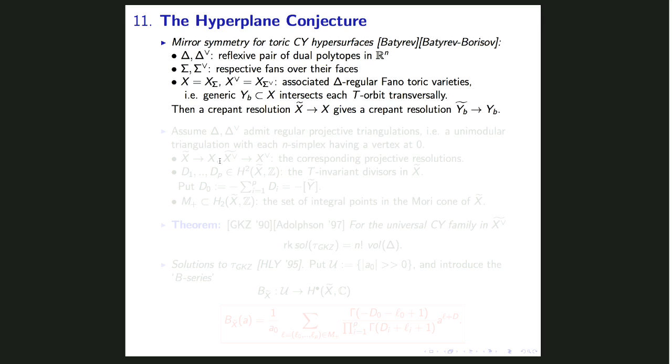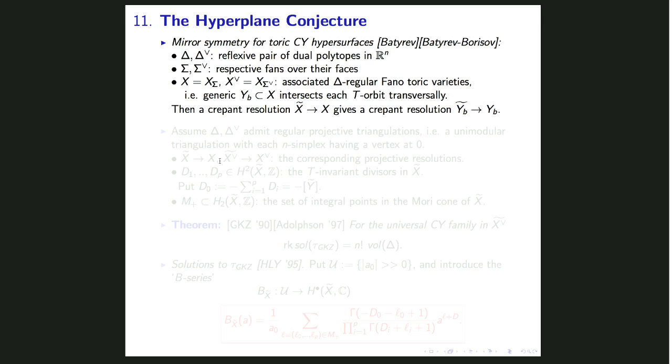Okay, so what is the initial data? Well, this is mirror symmetry in the setting of toric Calabi-Yau hypersurfaces, which was formulated by Batyrev and Borisov in the early 90s.